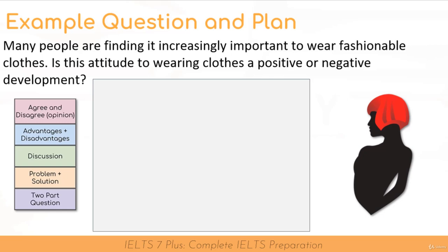So now that I've identified the question type, I can begin to write my plan. You remember from the master structure, the 4-step structure for each question type, that the first supporting paragraph should be for agree, or the positives, and the second supporting paragraph should be for disagree, or the negatives.